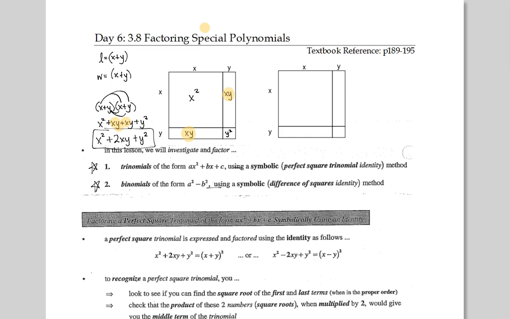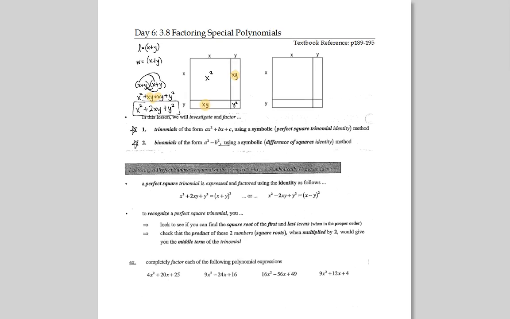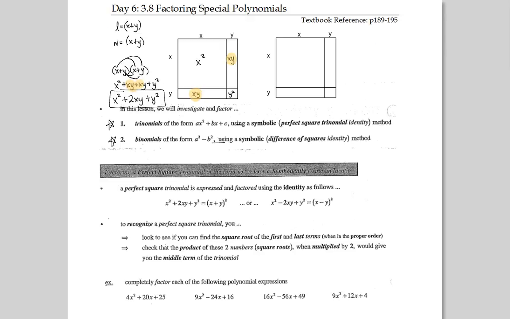Now that we've done that, I want to quickly show you how it relates. So this one right here, where the length and the width are the same, expands to this. The goal of today's lesson is to actually work backwards. Weird.